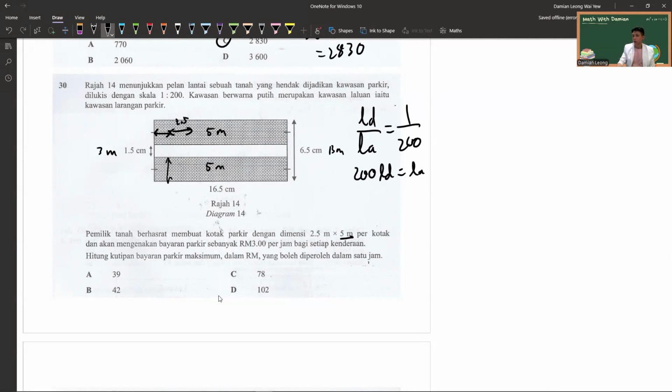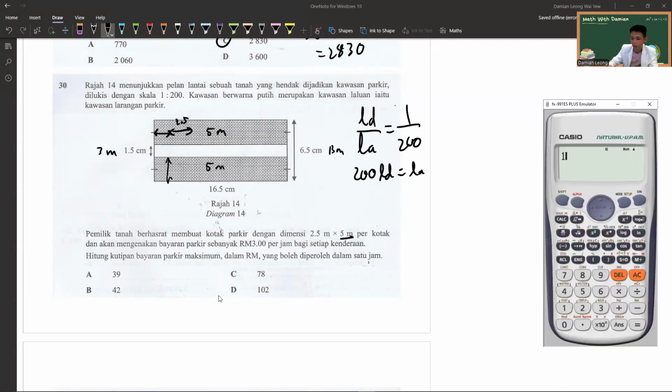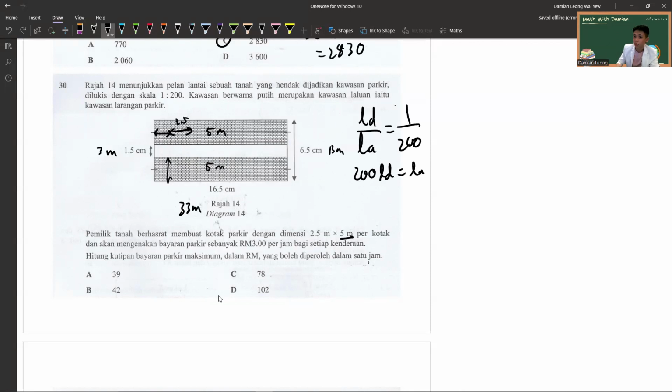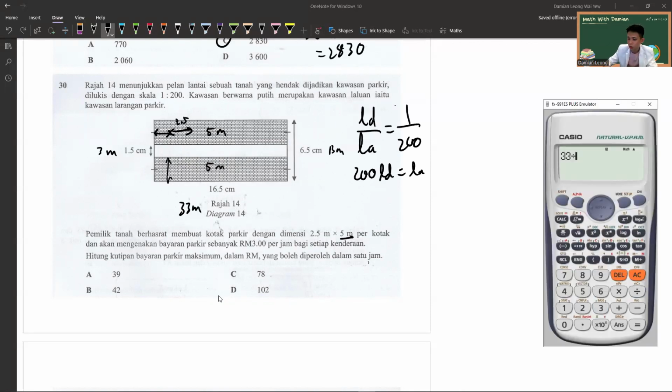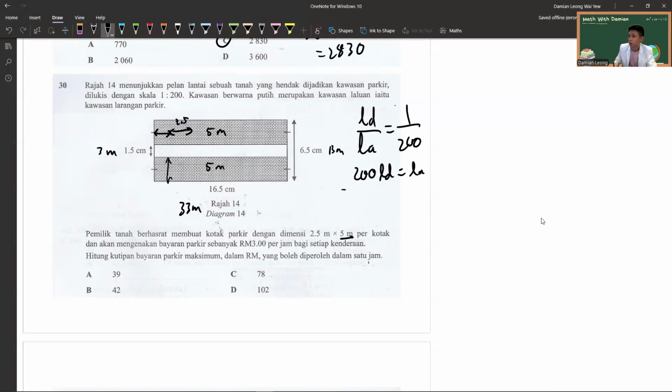Yeah. So 16.5 also we convert 16.5 times 2, 33 meters. So 33 divide 2.5 is 13.2. Of course, we cannot have 0.2 of a parking box.